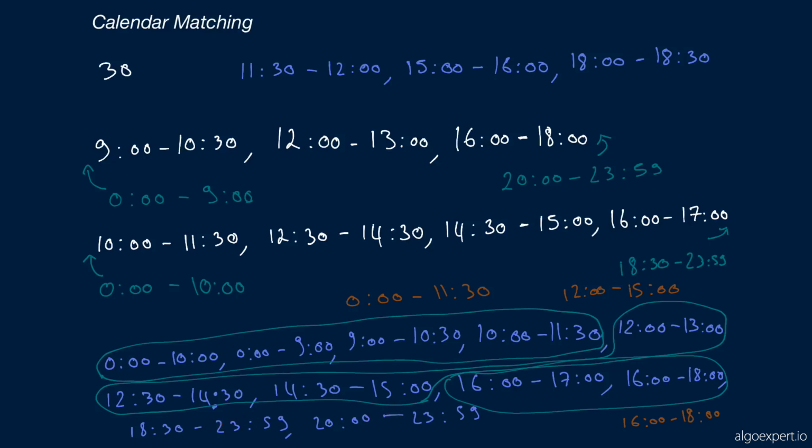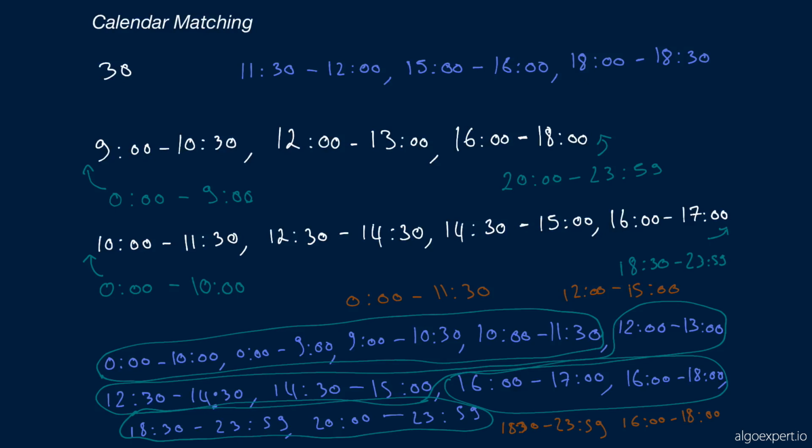Between 18:30 and 23:59, there's always at least 1, but sometimes even 2 people who are unavailable. So we're going to circle that, and we're going to say that is going to be 18:30 to 23:59.